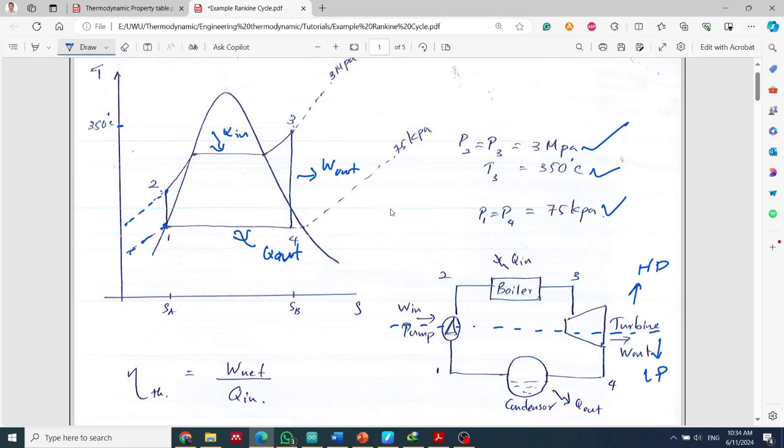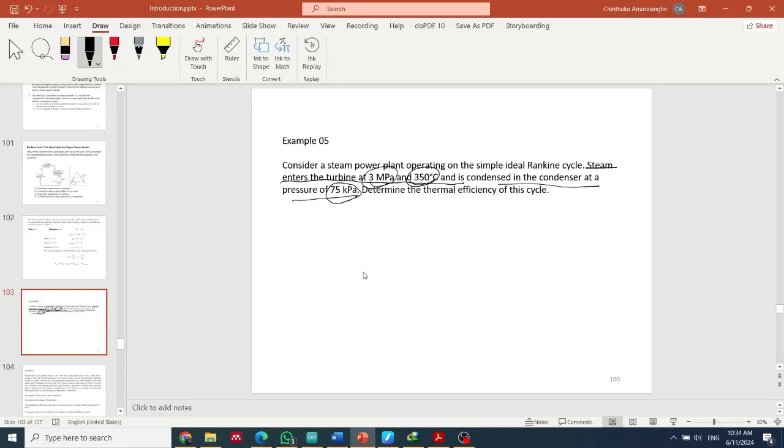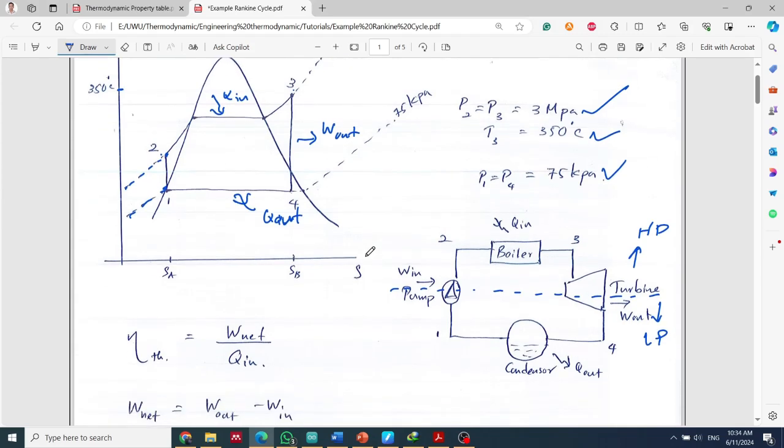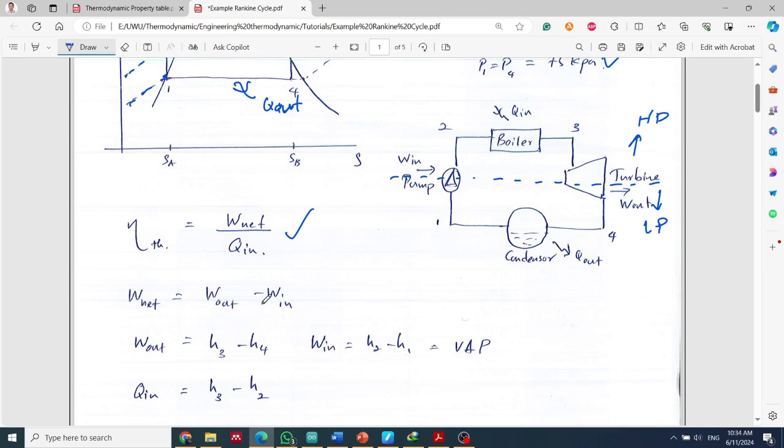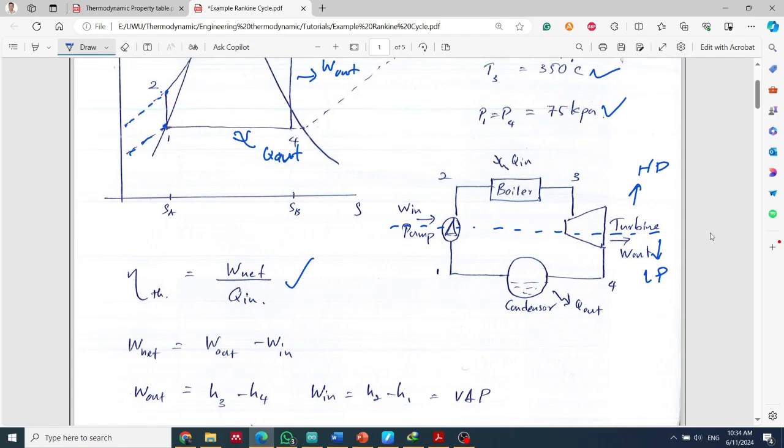Then what is asked is the thermal efficiency of the cycle. We can write the equation for thermal efficiency: eta thermal equals W net over Q in. W net means the total work given by the cycle, so W net equals W out minus W in, where we get W out in the turbine and W in at the pump.